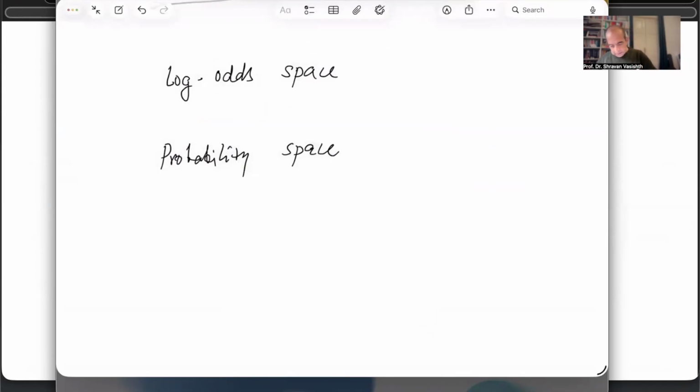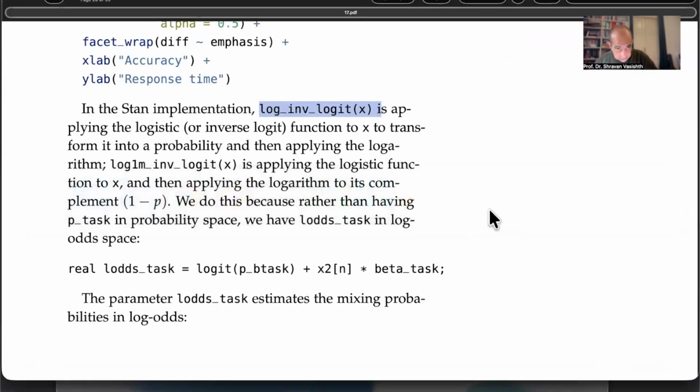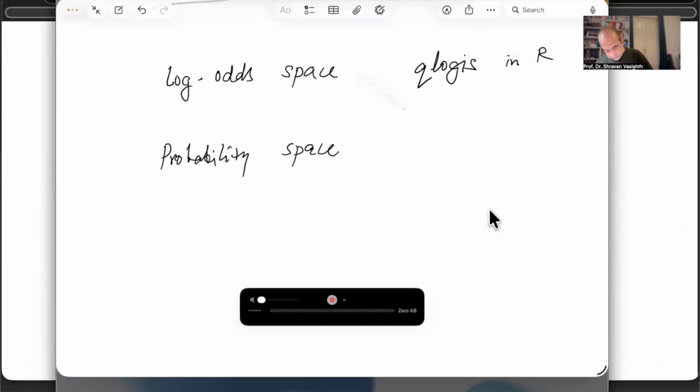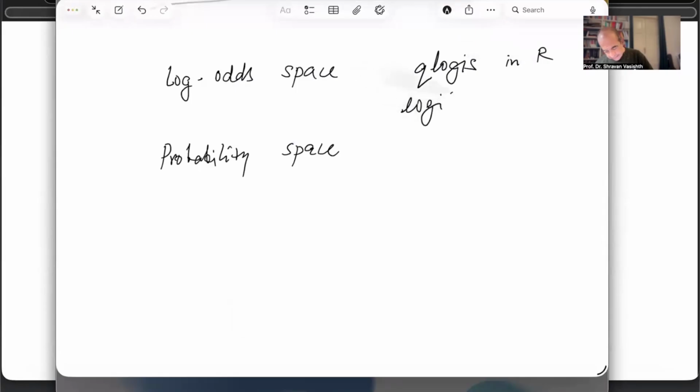The qlogis function in R and the logit function in Stan are the equivalents there.